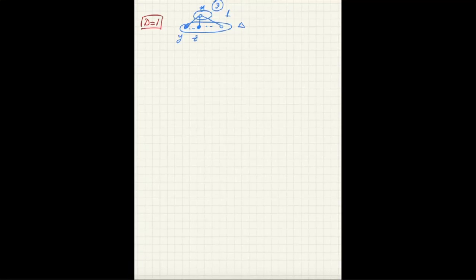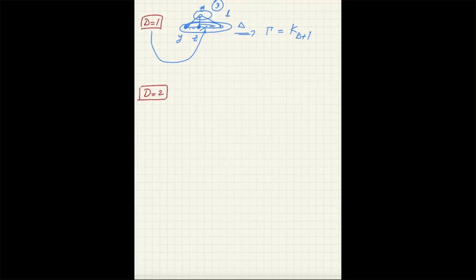And we want diameter 1. So diameter 1 forces everybody there to be adjacent. And that implies that there's only one graph with diameter 1 and maximum degree delta, and that's the complete graph on delta plus 1 vertices.